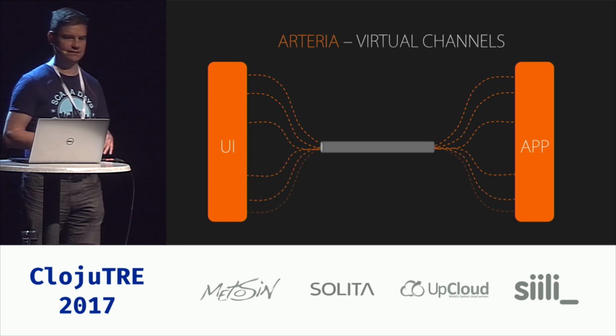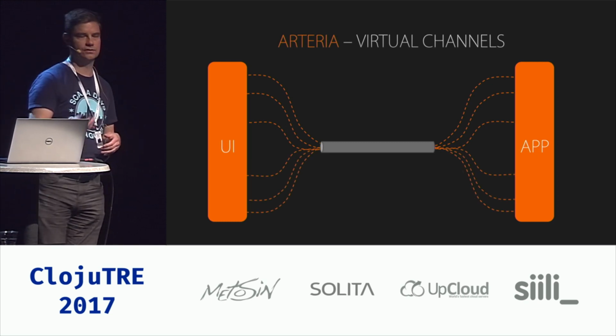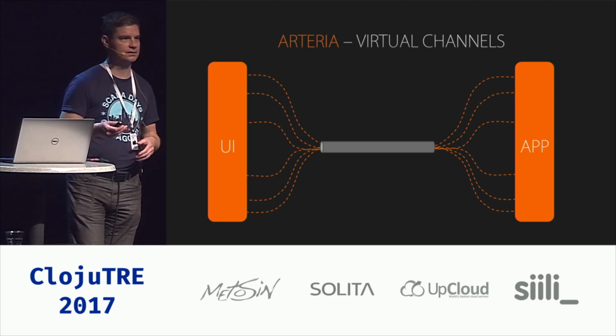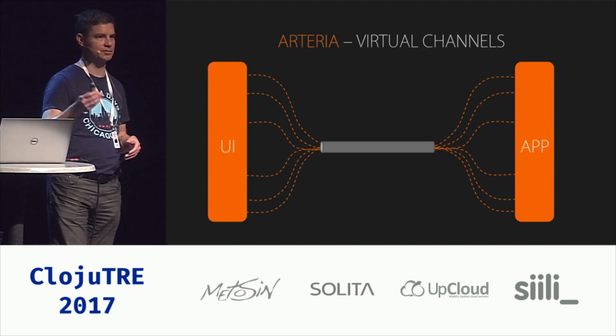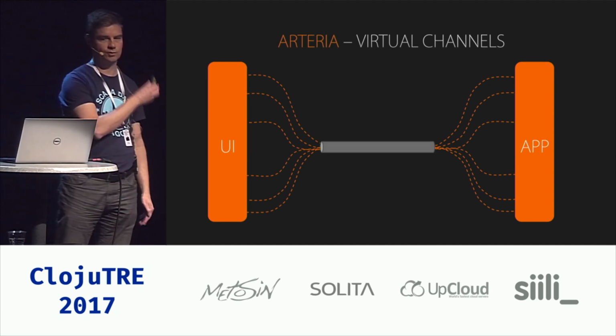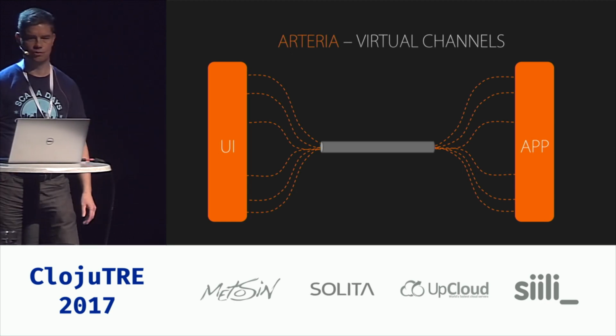In practice, every UI widget has a representative proxy on the application side, and these two are communicating. If you have a button and you update the button state, then a message is sent to the UI. If you click the button, then a message is sent from the UI to the application to update your application state and so on.